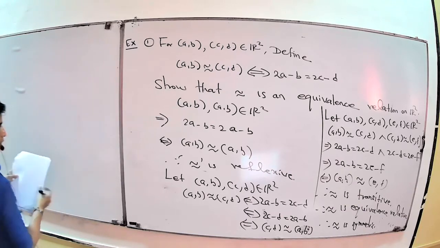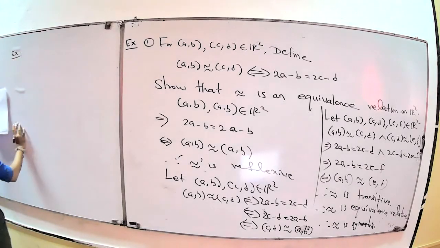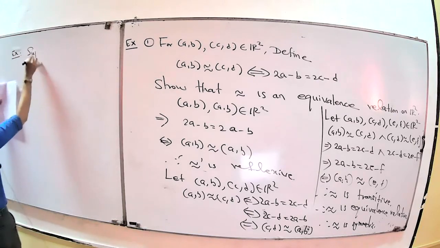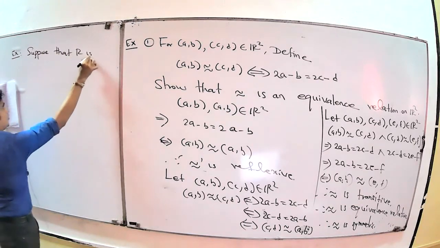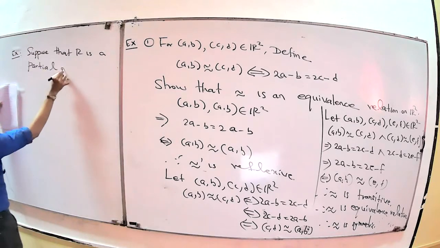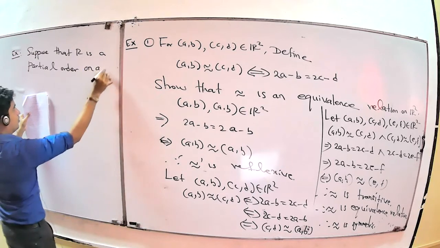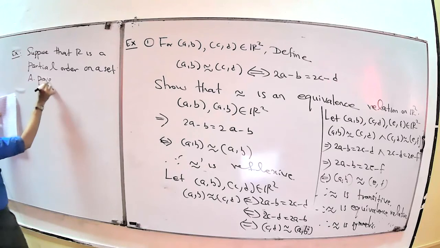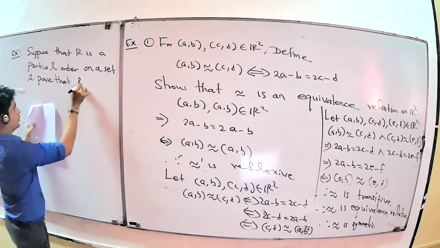Now we do this question. This exercise is based on partially ordered sets. Suppose that R is a partial order on a set A. Prove that R inverse is also a partial order.